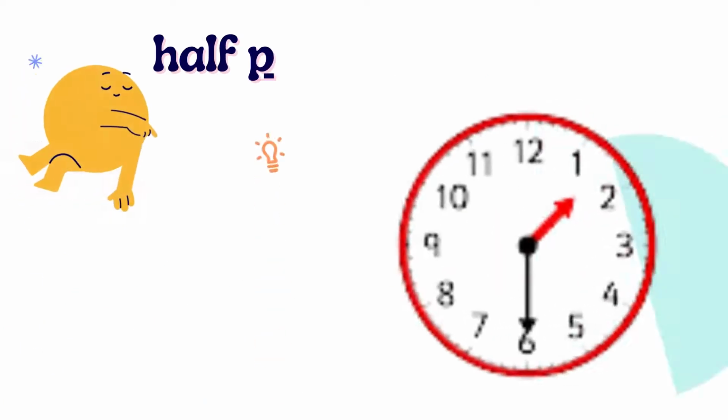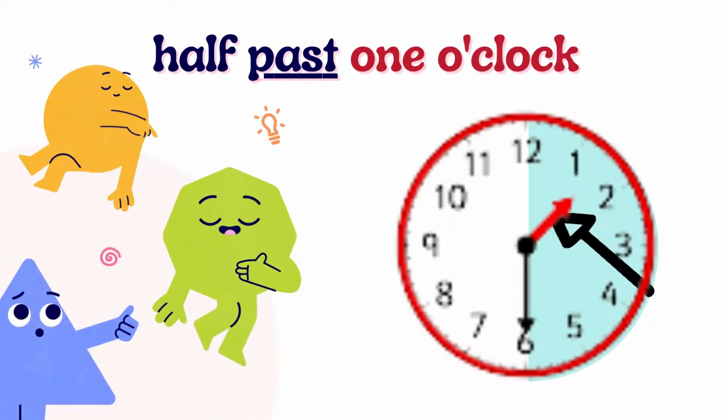But we can also say half past 1 o'clock, as we have the shaded portion on this clock face, half of the clock face. So we can say half past 1 o'clock because the minute hand has moved half of the clock face.